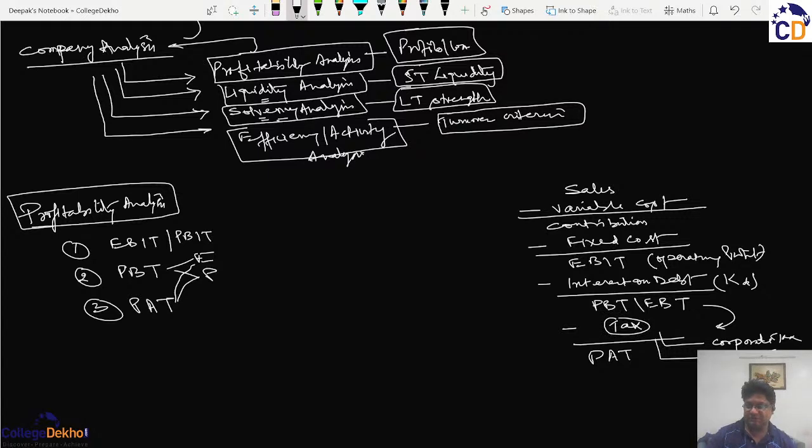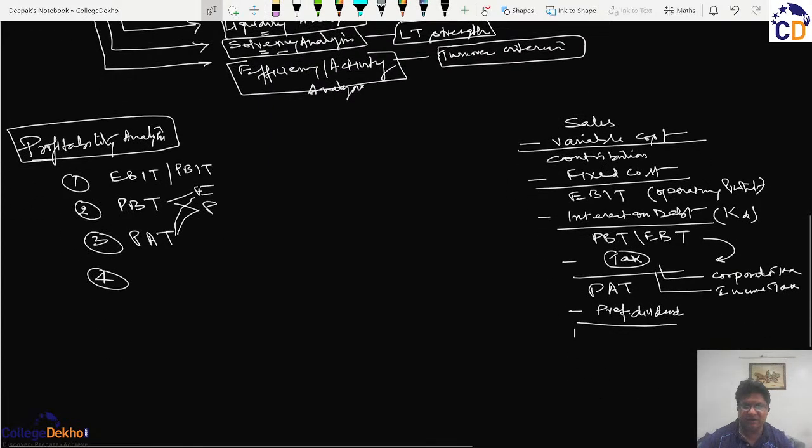Once we arrive at this figure of PAT, there are two things to consider. This PAT will first be used to pay the preference dividend, and whatever remains is what you call the earnings for equity.